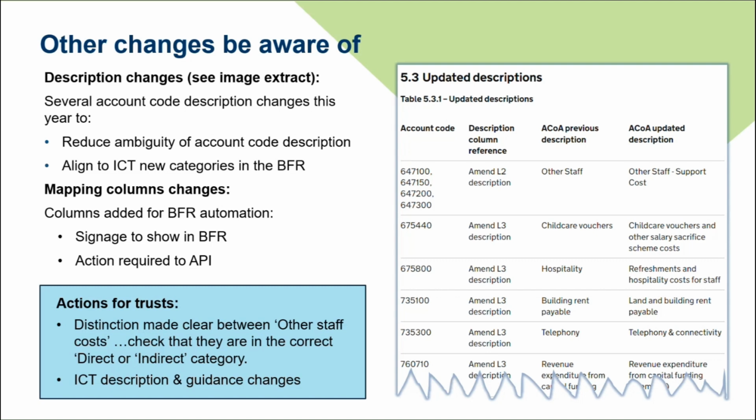We've also added 2 new columns. For anybody who is automating the data for BFR, we've added a couple of extra columns into the mapping spreadsheet just to show the signage changes, what it needs to show us in the form, and what we've done to your data in order to automate it into the BFR.